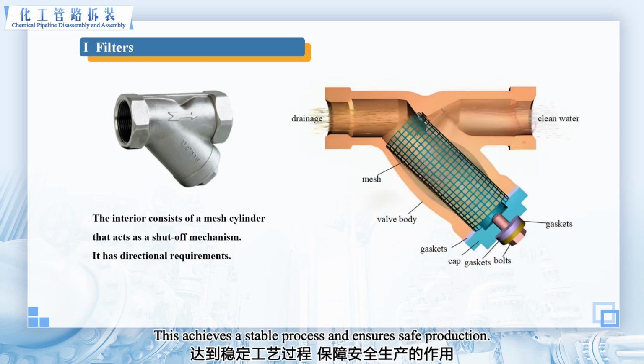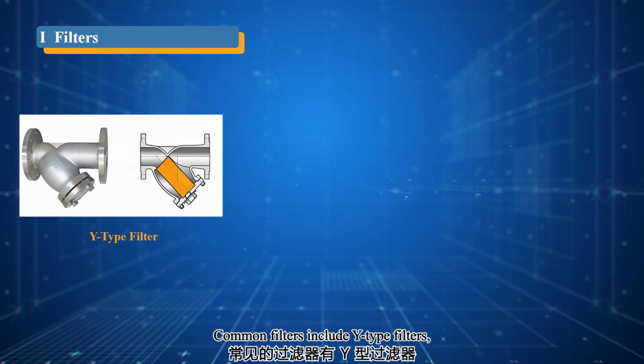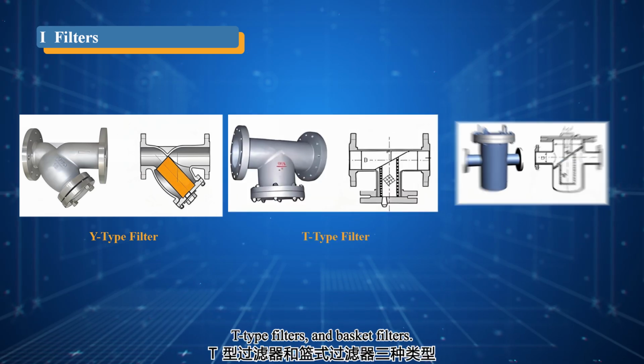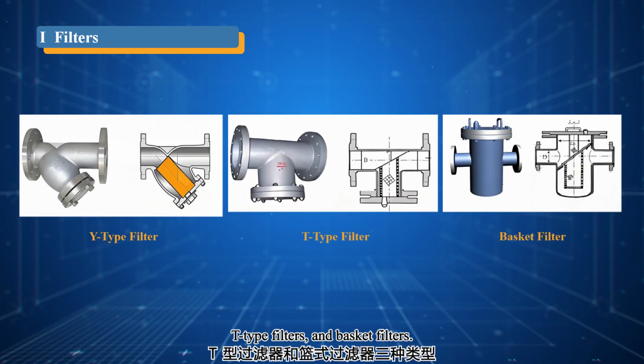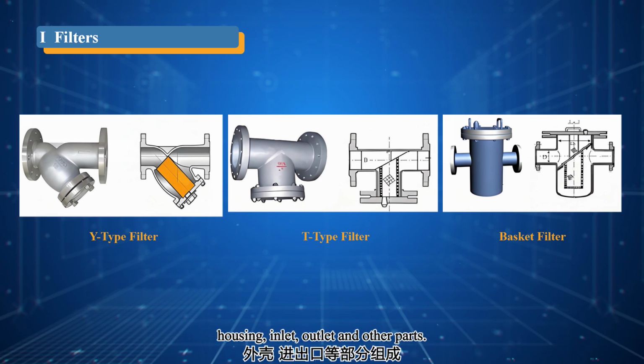This achieves a stable process and ensures safe production. Common filters include Y-type filters, T-type filters, and basket filters. Structurally, they mainly consist of a filter screen, housing, inlet, outlet, and other parts.